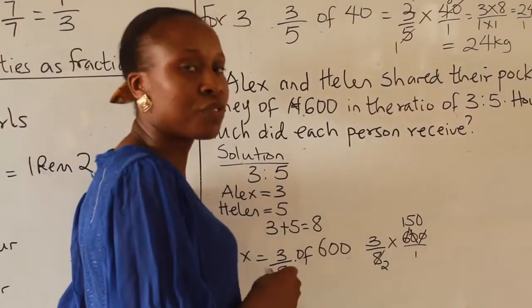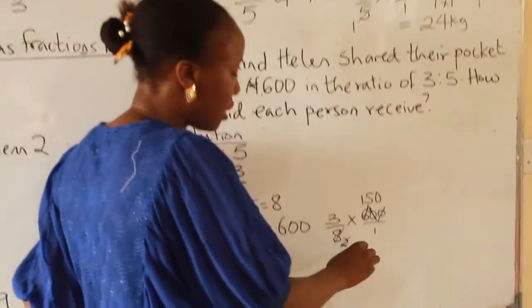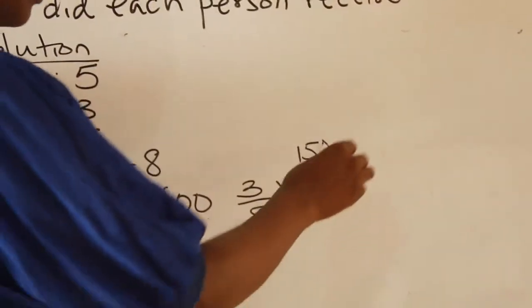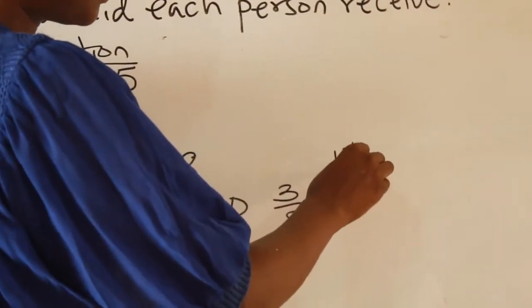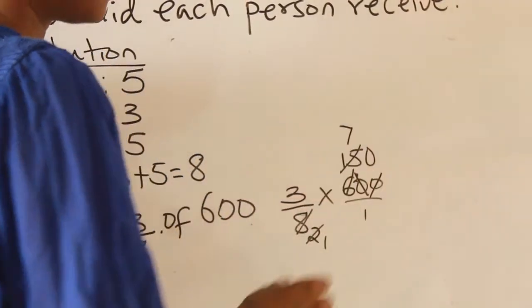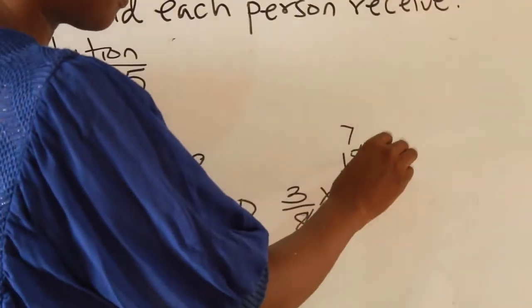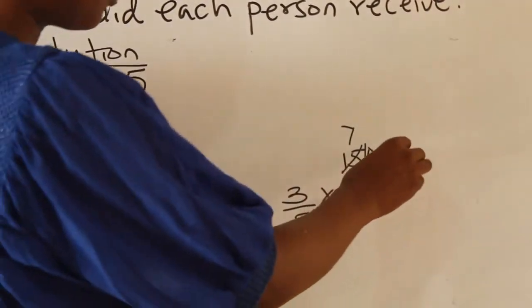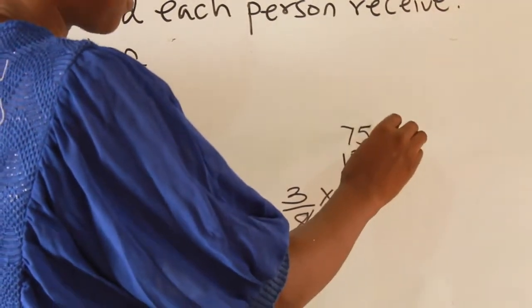I can still reduce further. 2 divided by 2 is 1, and 15 divided by 2 is 7, remainder 1. 10 divided by 2 is 5.